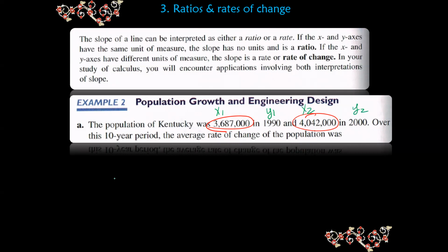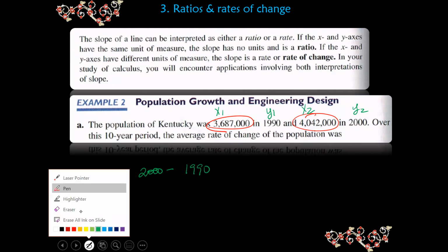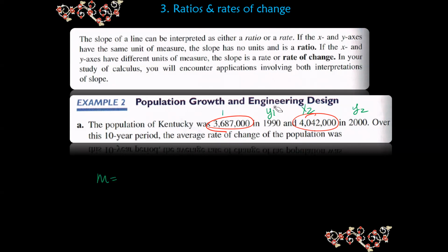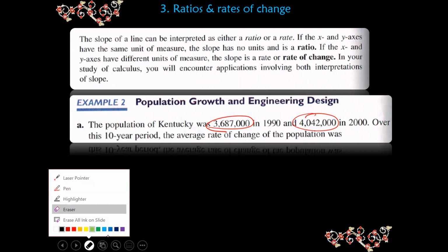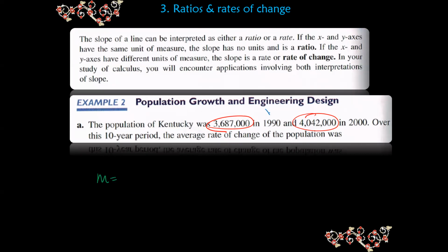So then my slope is going to be y2 minus y1, so I'm going to put 2000 minus. And actually, you know what? Hold on a second. I don't want to do that. I want to change it the other way. We're going to go ahead and use population as y. So let's do that x1, x2, y1, y2.